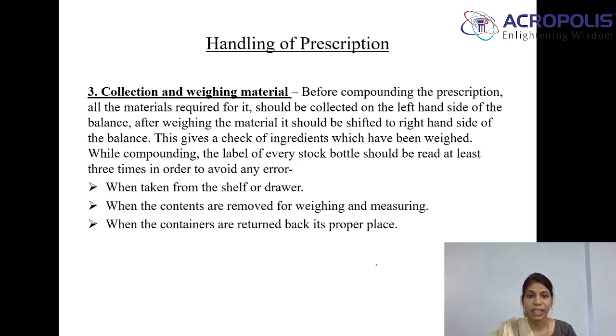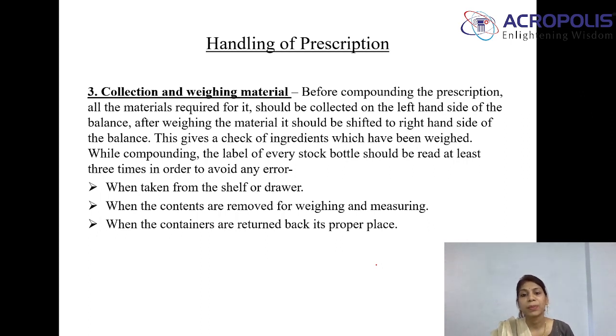Third step is collecting and weighing of material. Before compounding the prescription, all the materials required for it should be collected on the left hand side of the balance. After weighing the material, it should be shifted to the right hand side of the balance. This gives a check of the ingredients which have been weighed.